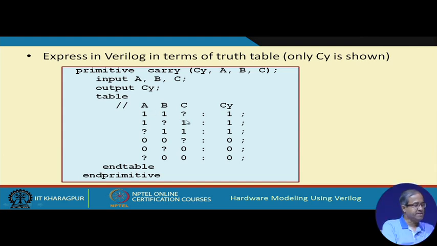Similarly, if A and C are 1, B is do not care, or B and C are 1, A is do not care, then also carry will be 1. But in the other cases, where at least 2 of the inputs are 0, A B 0 or A C 0 or B C 0 and the other is do not care, then carry will be 0. So, you see if we use do not care, then instead of the 8 rows of the truth table, we require only 6. So, our specification may be shorter.